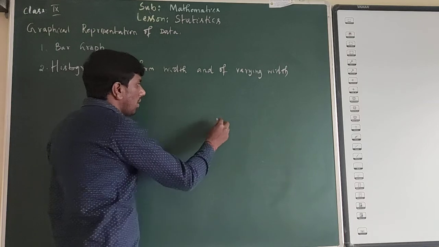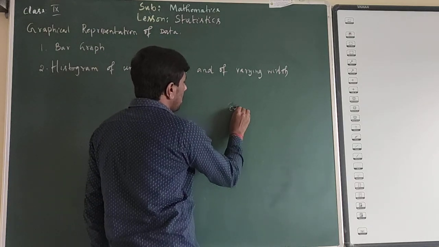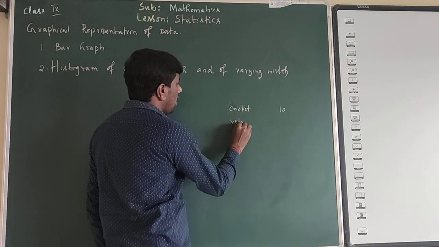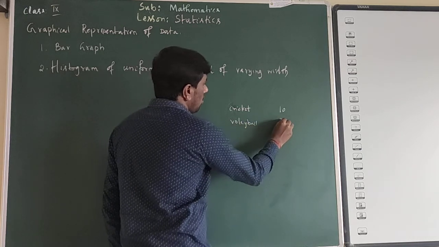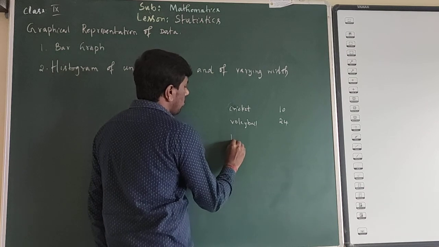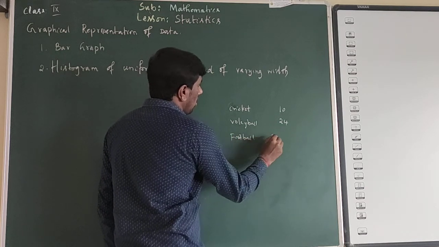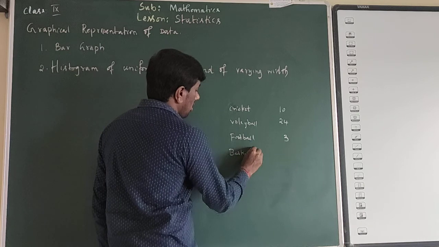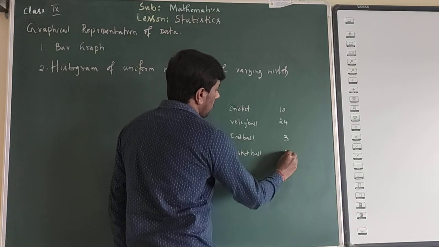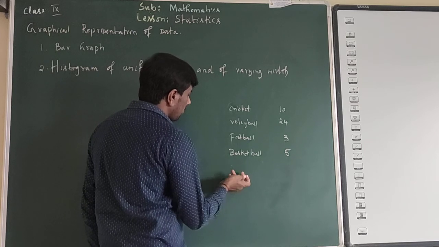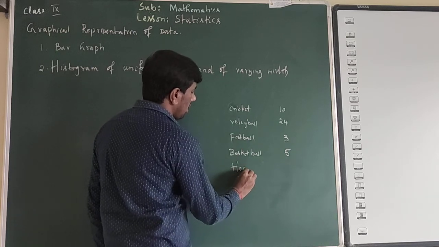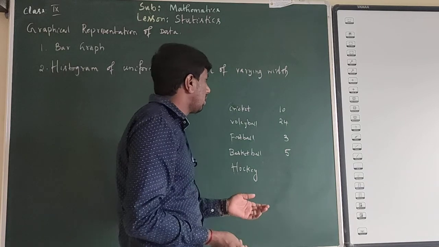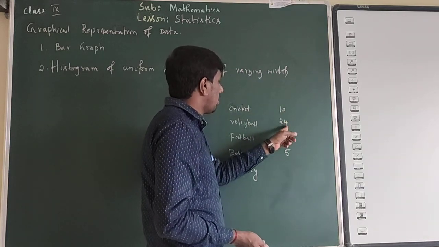Suppose 10 children like cricket. I'll take volleyball 24, then football only 3 children, then basketball 5 children, and in hockey 8 children.